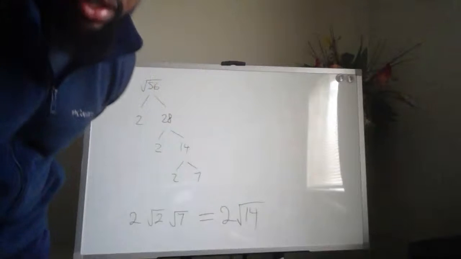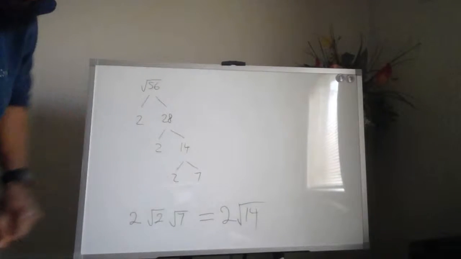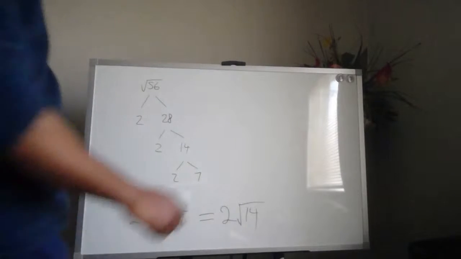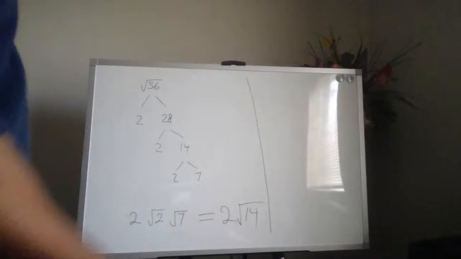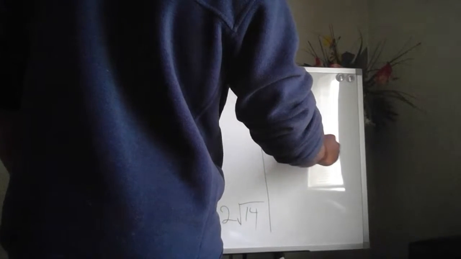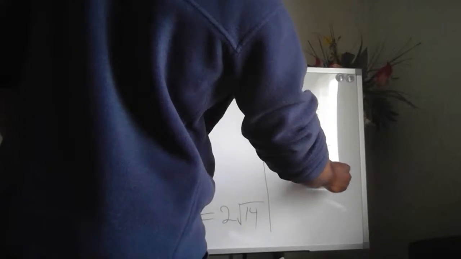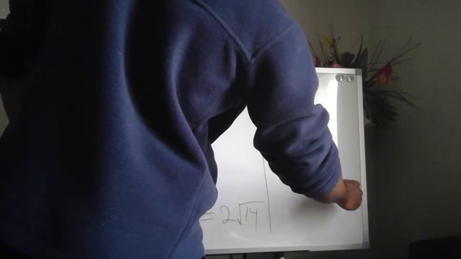Okay. All right. So now, as I was saying, this is just another way of doing it. If I did it the way I did the first one, it would be square root 56, break it down, 2 times 28, square root, break this down, 2 times 14, square root, break this down, 2 times 7, square root.